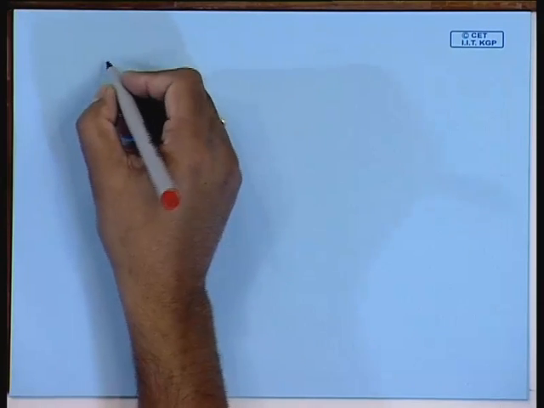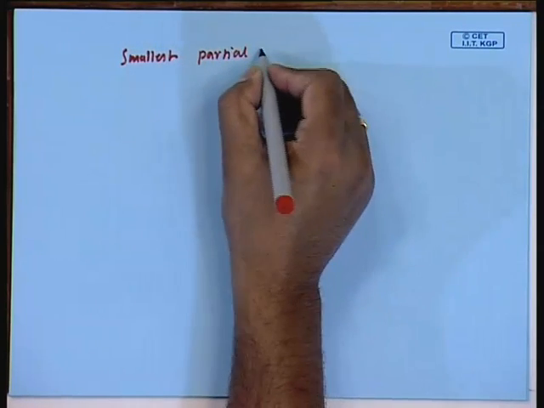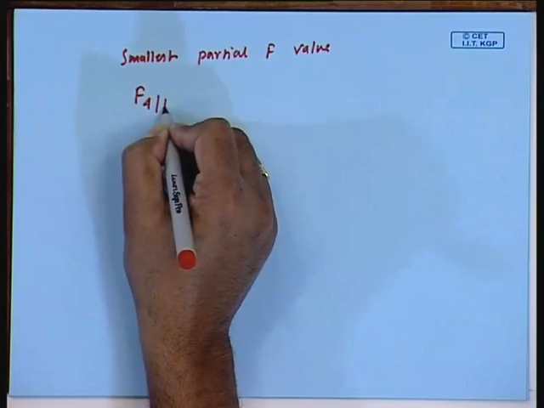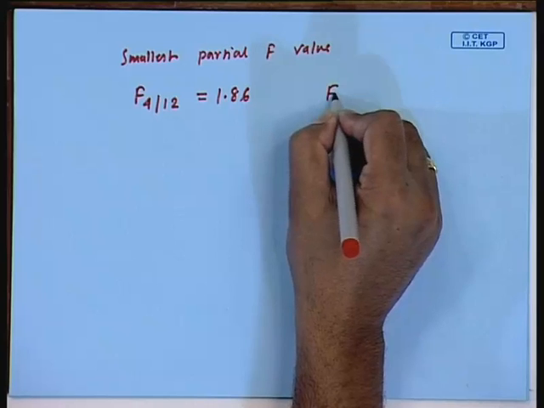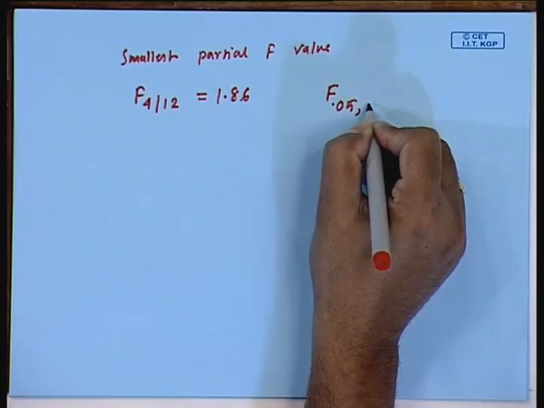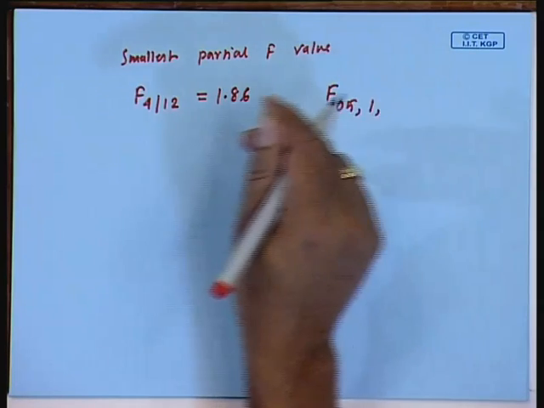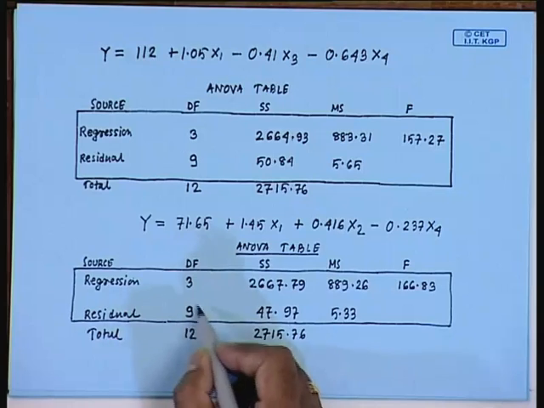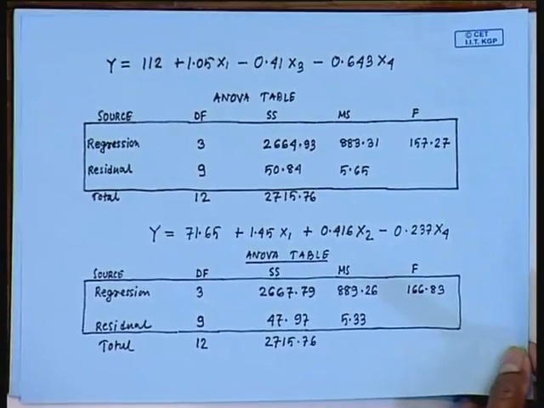So, let me write down the smallest partial F value: F4 given 1, 2 is equal to 1.86, and the tabulated value is F.05 with degrees of freedom 1 and 9. Here the error degree of freedom is not 8, it is 9, because this is our full model at this moment and the residual degree of freedom is 9.